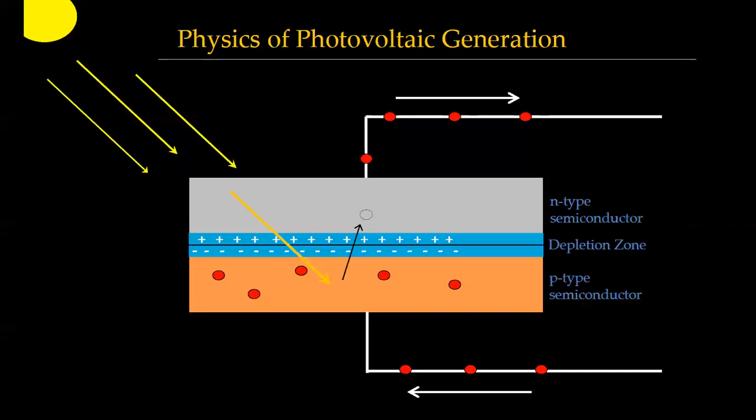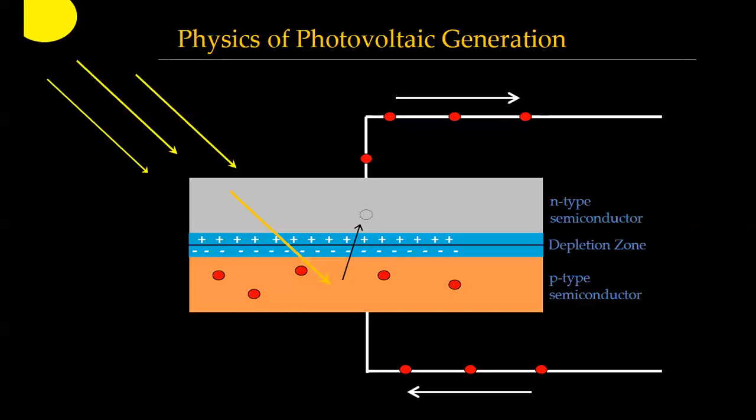Or simply we can say that the PV cell or solar cell is a PN junction diode constructed from silicon semiconductor material. One part is the P-type semiconductor and the other part is the N-type semiconductor, joined together to form a depletion region or depletion zone.